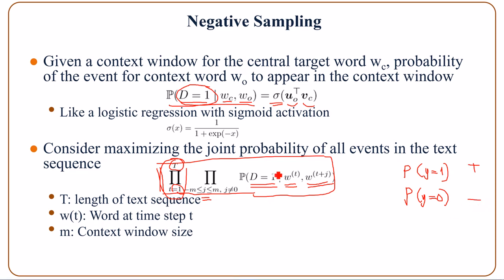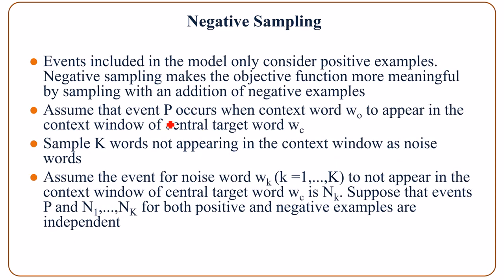So what negative sampling does is add negative examples in here so that it makes the objective function more meaningful. Let's assume that the event P occurs when the context word WO appears in the context window of the central target word WC. So this is a positive example. We then sample words not appearing in the context window as the noise words, and these are the negative examples.